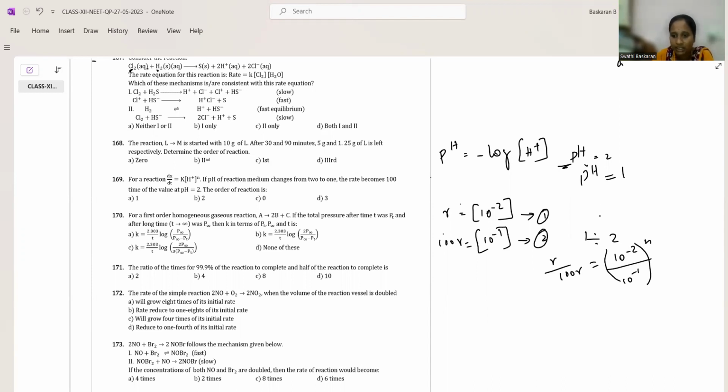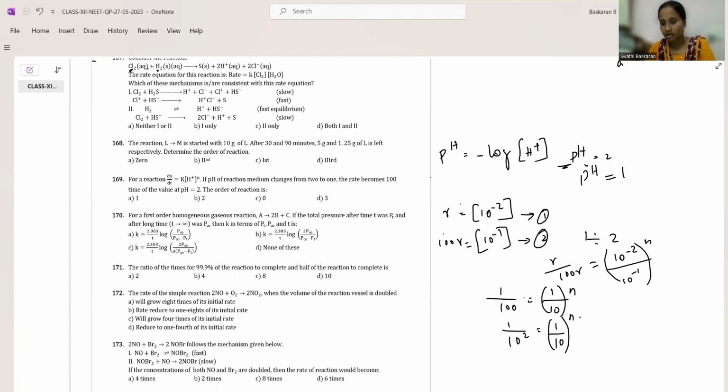Now what do you get basically here? If you cancel R and R, you will get 1 by 100, which is equal to 1 by 10, correct? So now 100 can be written as 1 by 10 square is equal to 1 by 10, and this is having the power n. So here also it is having the power n.